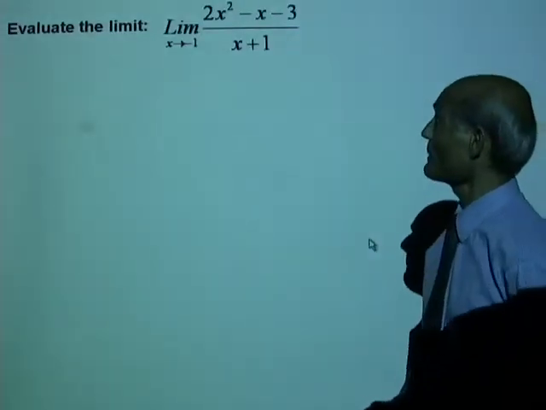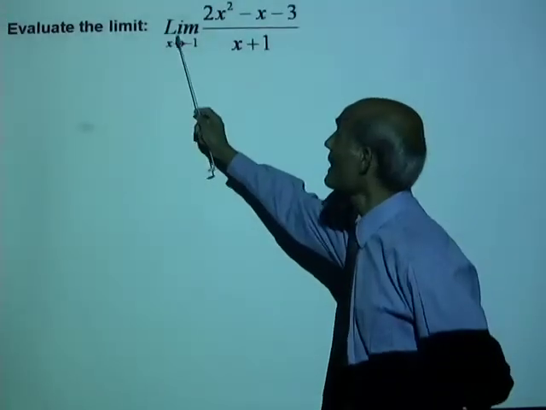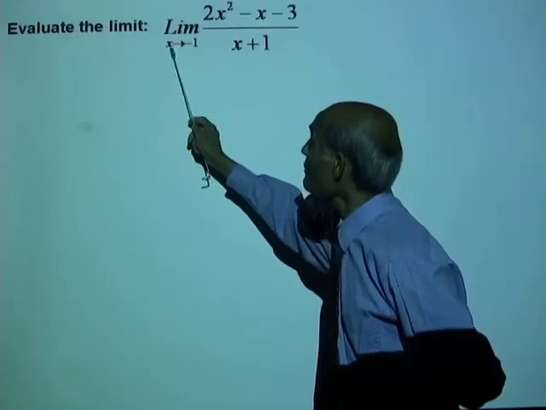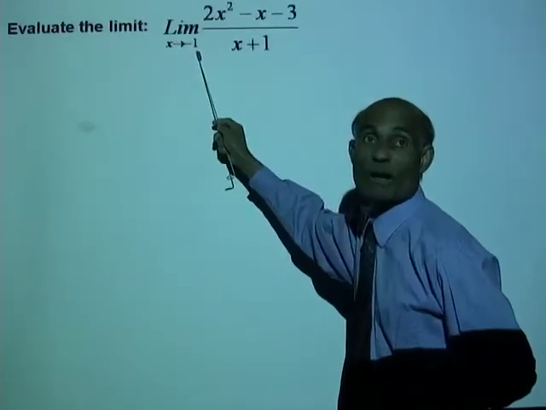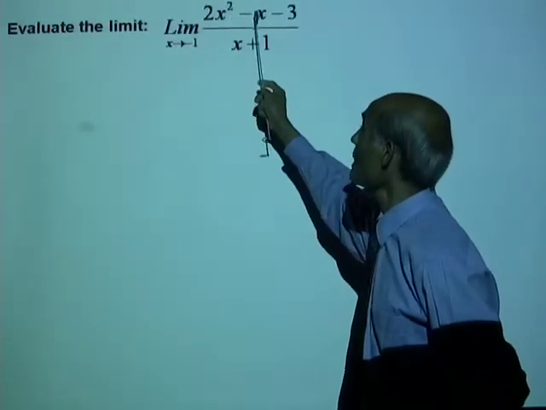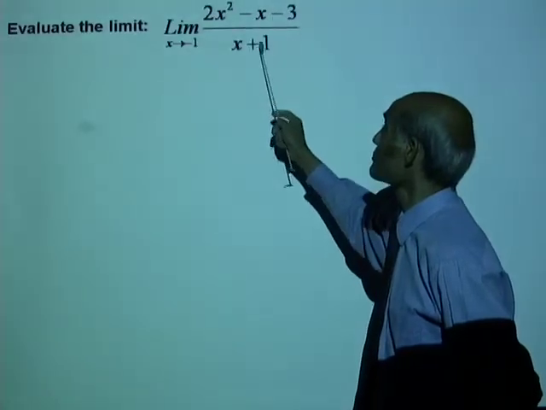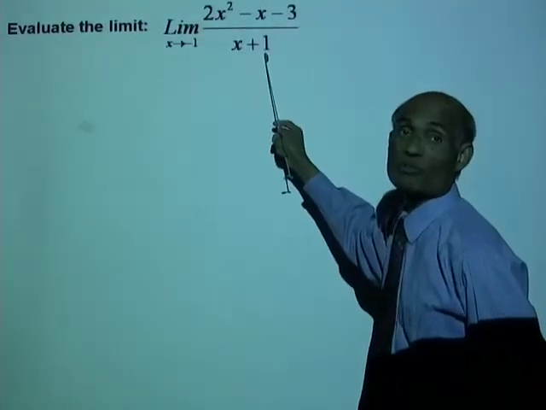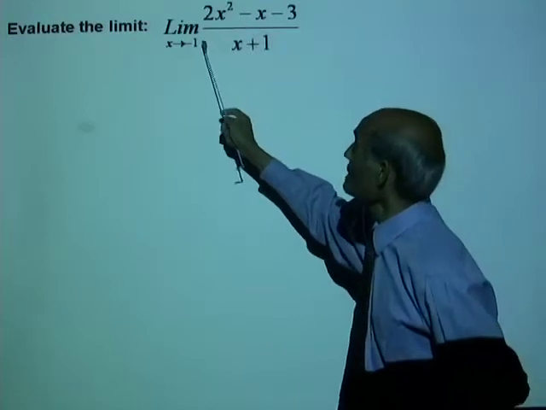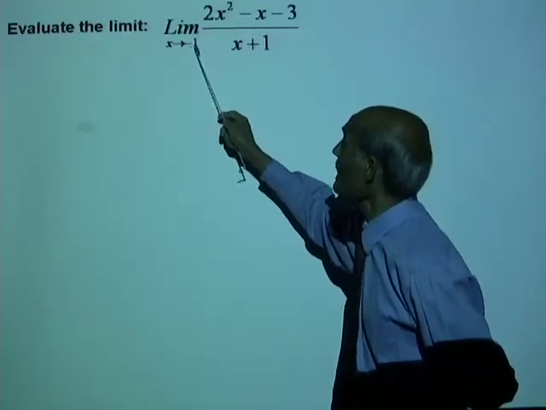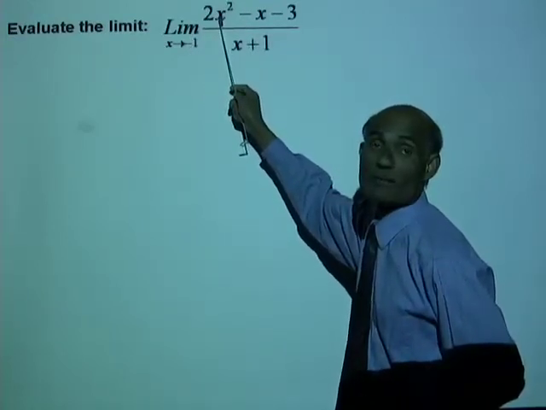All right, let's do another one. Evaluate the limit as x approaches negative 1 of 2x squared minus x minus 3 divided by x plus 1. Try doing this. Replace x by negative 1.